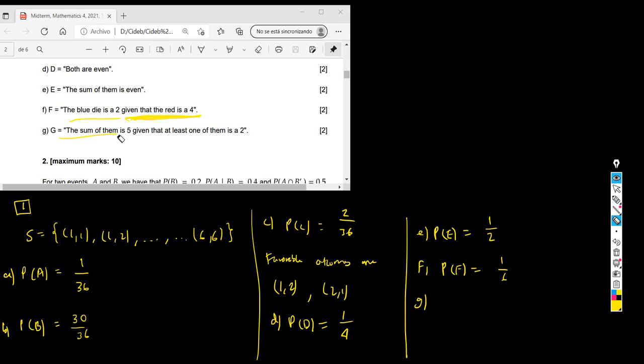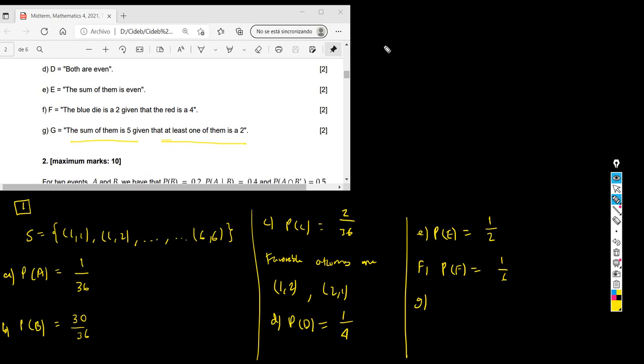And G, the probability that the sum of them is 5, given that at least one of them is 2. In this case, we also have conditional probability, but here the condition does affect the probability of the sum of them being 5. So what do you do?